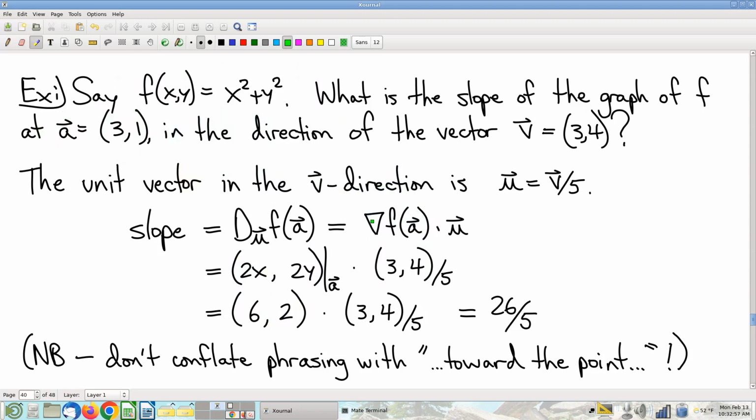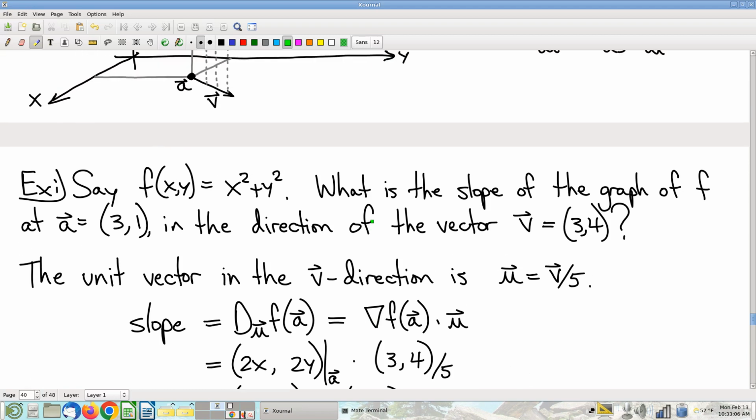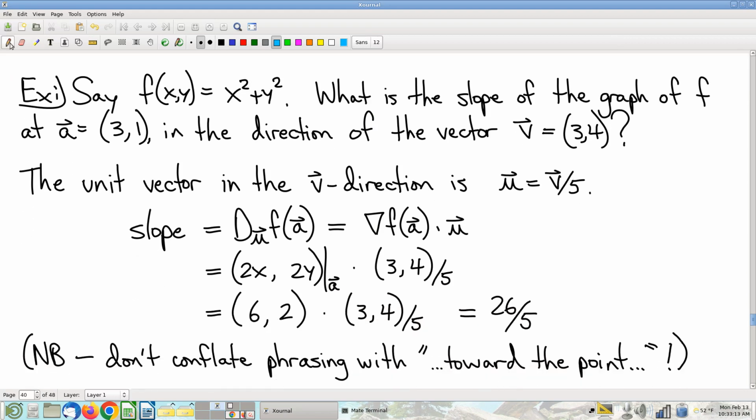How we doing? Everybody okay? Real quick point of language. You do have to be very careful how you interpret the question. The question says we are at the point 3, 1.